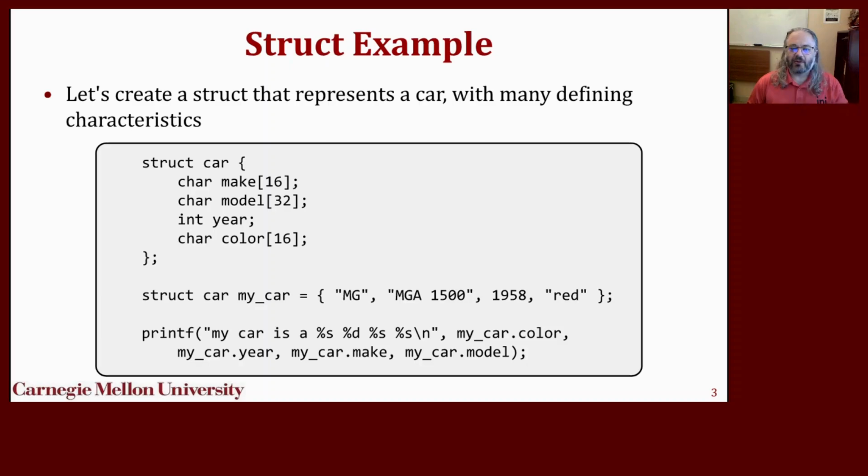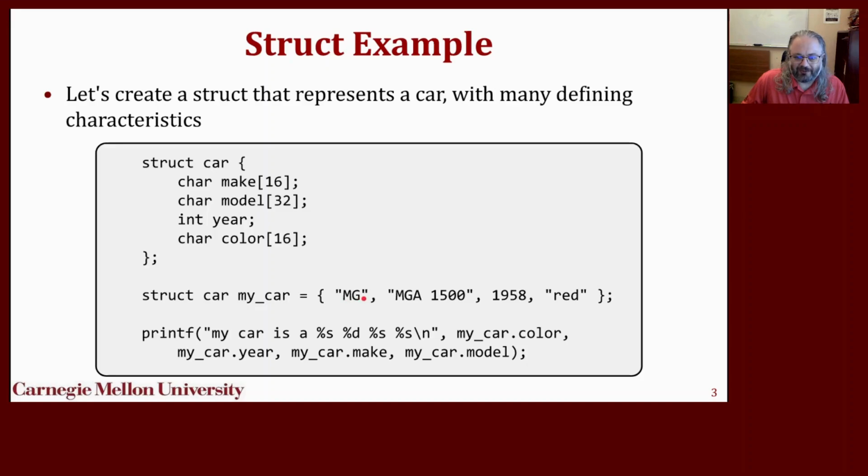Now, when we want to create an instance of our struct, we can do that in a lot of different ways. One way is that, just like we could define an array by giving a list of its elements, we can instantiate a struct by giving it a name and a list of all of its elements. Here, struct car is our data type. mycar is the name that I'm giving to this variable.